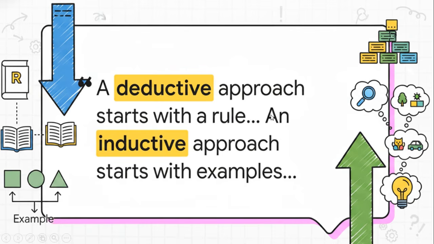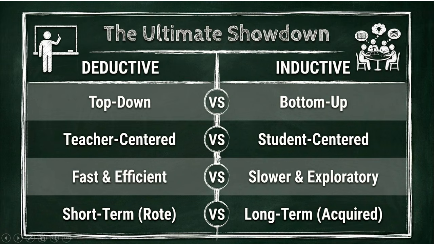A deductive approach starts with a rule, and an inductive approach starts with examples. Now, recapitulation. Here is the ultimate showdown. The deductive is top down, from teachers to students. The inductive is bottom up, from students to teacher.